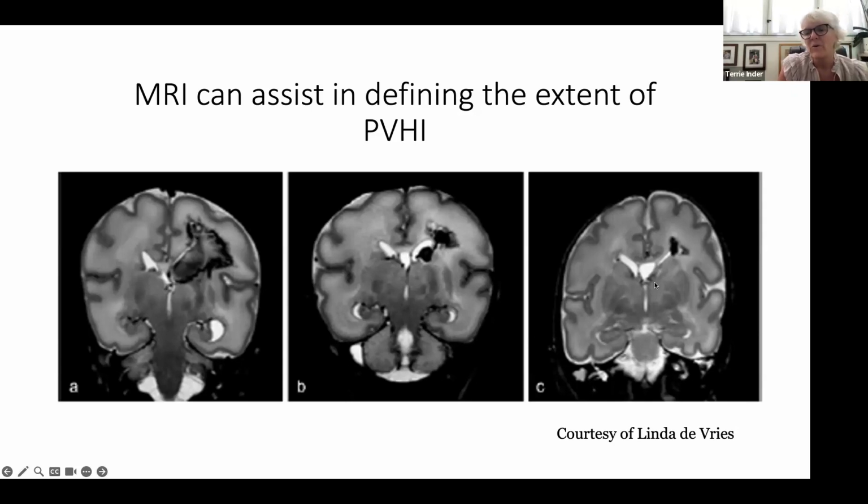The involvement of the posterior limb of the internal capsule, and the likelihood that this is going to cause hemiparesis, can clearly be visualized on these images, with this obviously being significant in the larger lesion, but it can't be visualized on ultrasound.